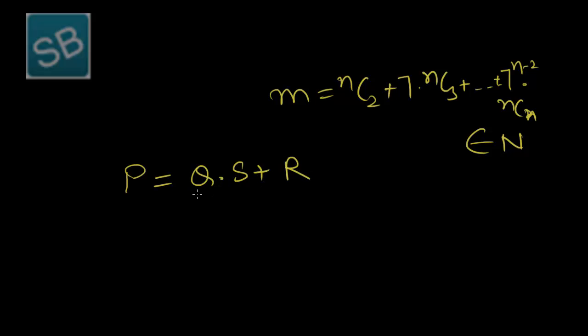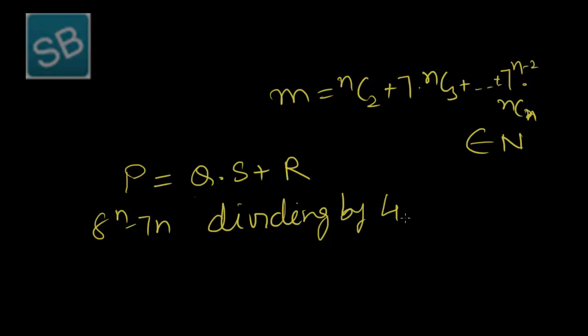So here we will get 49 into m plus 1, that is 8 raised to power n minus 7n. So dividing by 49, we will get the quotient m and remainder r, that is 1.